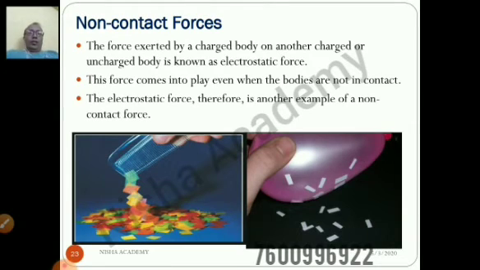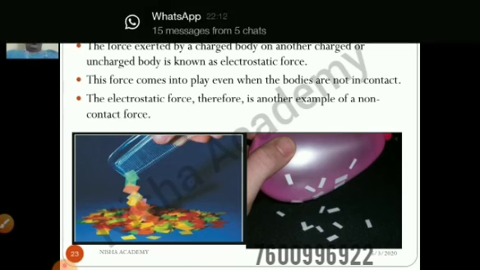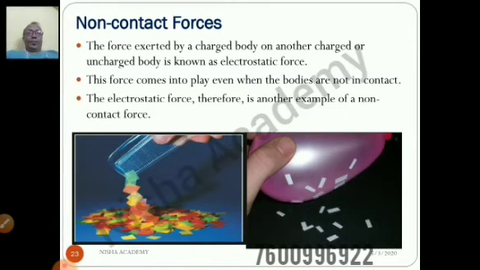See this figure. In this figure, you can see that when you comb your hair and then place the comb near pieces of paper, they get attracted to it. Similarly, when a balloon is inflated and rubbed, small pieces of paper are attracted to it. What happens here? This is a charged body.